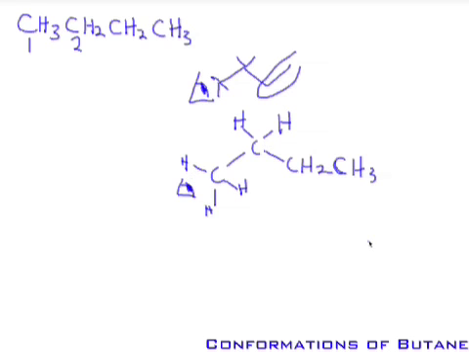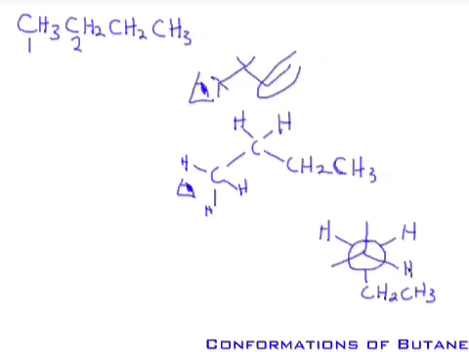So a Newman, and I'm not going to draw the eclipsed, I'll just draw staggered. The Newman for the carbon 1,2 bond of butane could look like this. And I will give you a staggered conformation. This is the Newman projection looking down the carbon 1,2 bond. Okay.